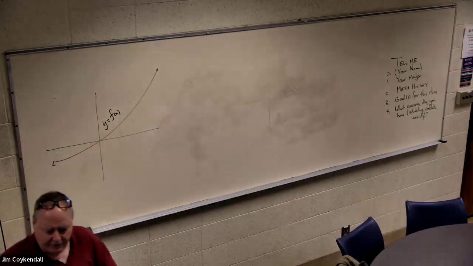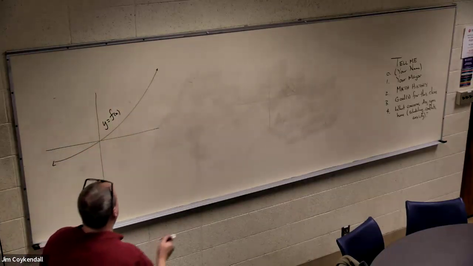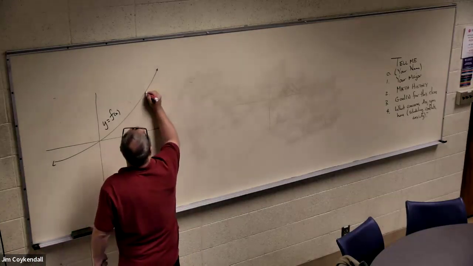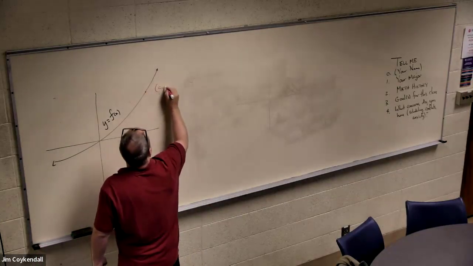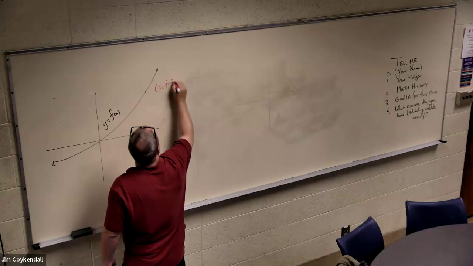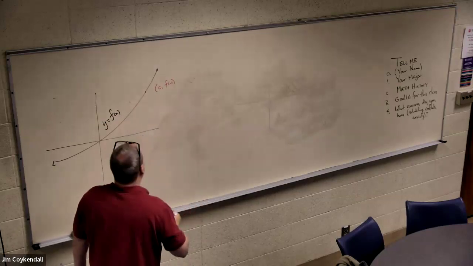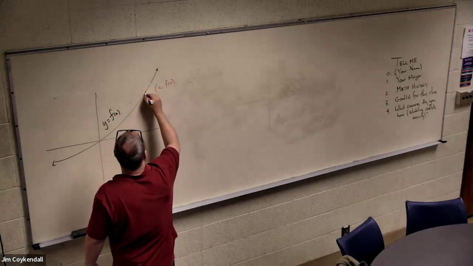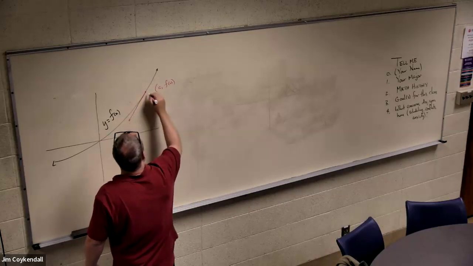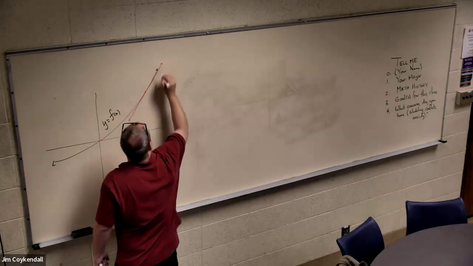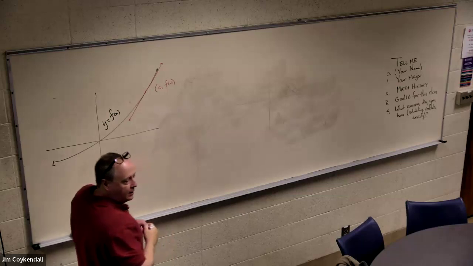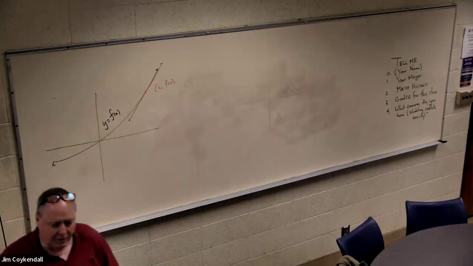And let's suppose, just for giggles, that I take a particular point on this. And suppose that I want to find, I'm going to draw this as best I can, the tangent.